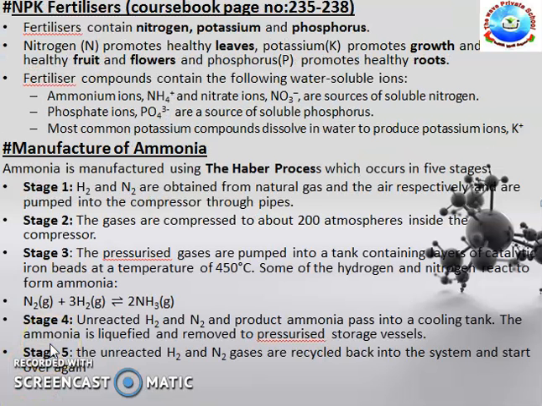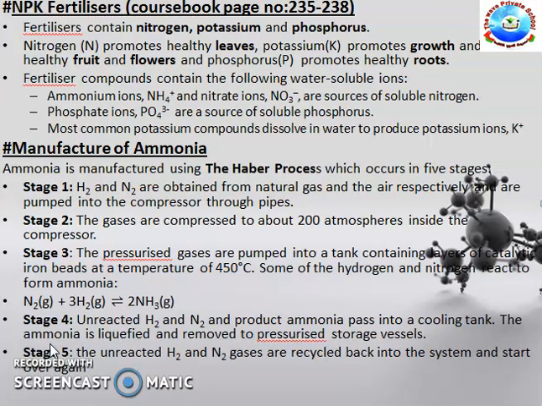Now we are going to learn about fertilizer. So what is fertilizer? It means soil, the soil which is used for the growth of the plant. So which elements are present in soil which give fertility to the plant, leaf, its root and stem.